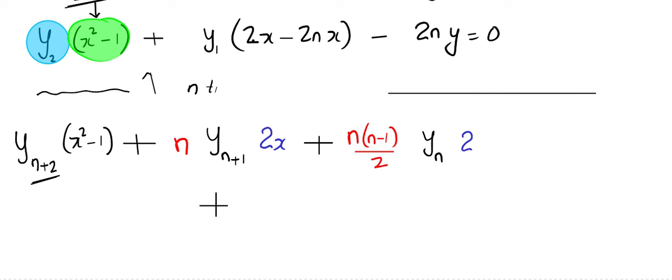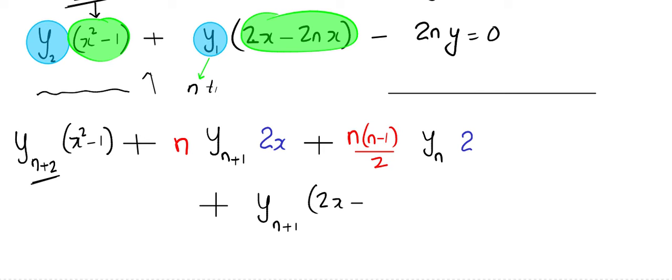Now we have the next product. Okay, I'll put the color code. Let's make it blue and green. So the derivative will be, look at this, we are differentiating n times, and if you differentiate y1 n number of times, you're going to get yn plus 1, and you copy the second function as such.